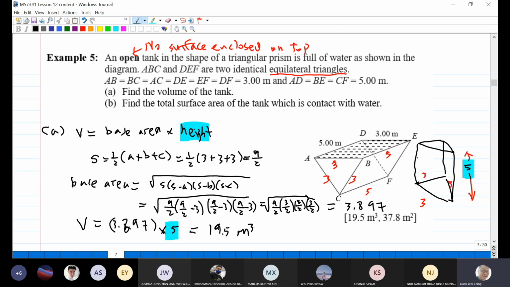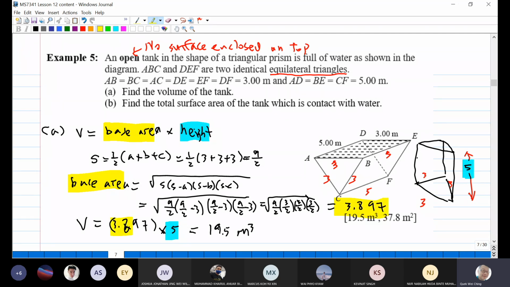So this answer was part A. The volume is quite easy. Let's use a different color here. The base area you found out is this yellow one.